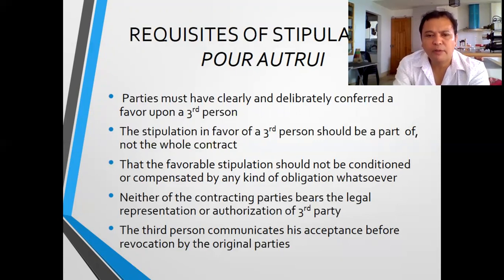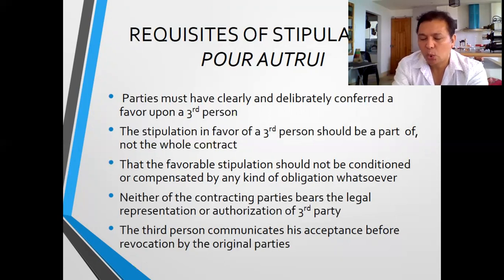Number three, the favorable stipulation should not be conditioned or compensated by any kind of obligation whatsoever. So there is no condition subjecting the giving of the 50%. Then number four, neither of the contracting parties bears the legal representation or authorization of the third party.